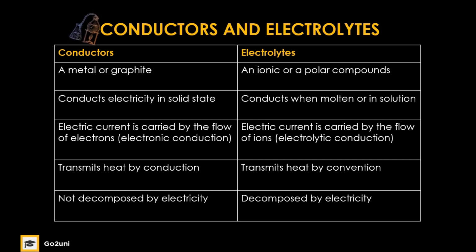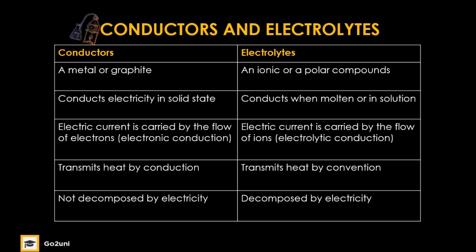So with that 1 electron, graphite is able to conduct electricity, even though it is not a metal. It is an allotrope of carbon, and carbon is a non-metal. So metals or graphite are examples of these pure kinds of conductors.